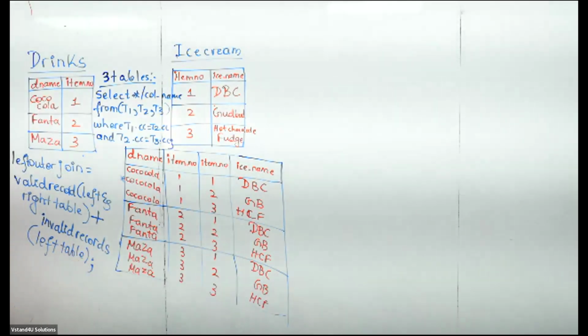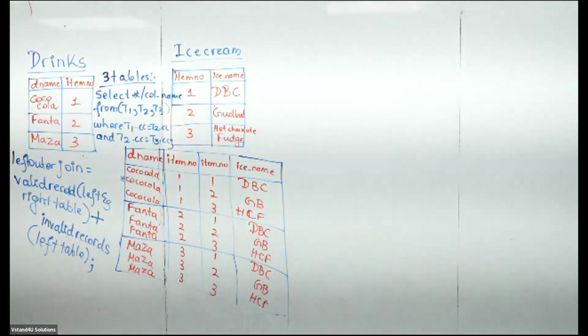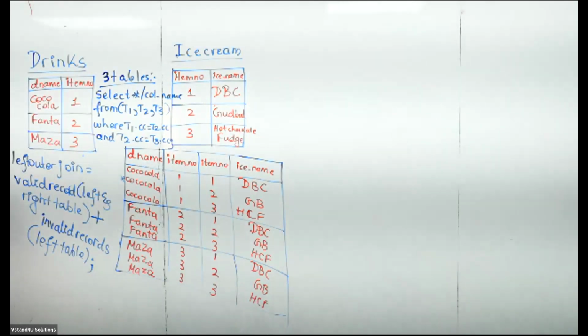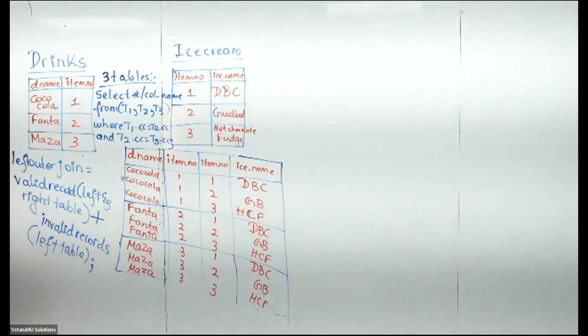What do you mean by valid records? What do you mean by invalid records? Valid records means common columns of both the left table and the right table.